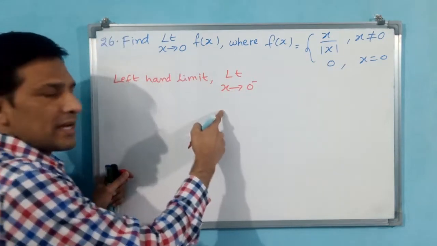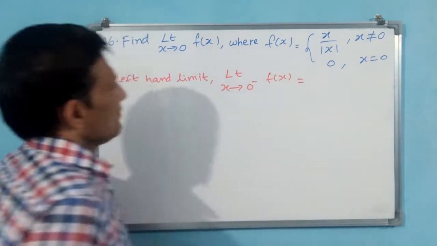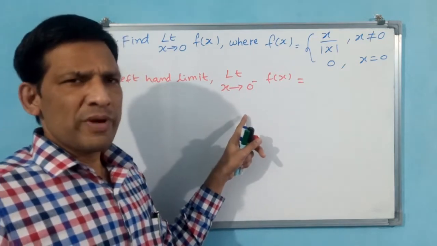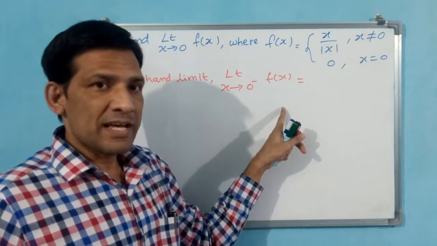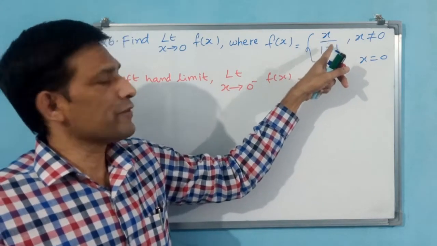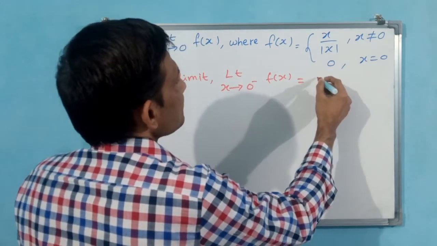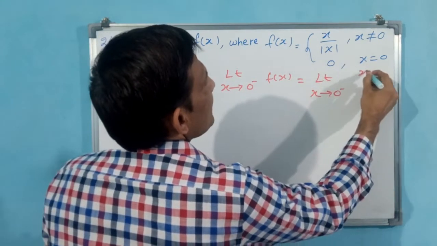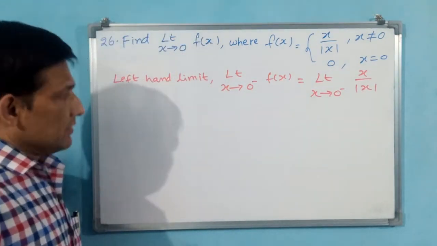When they are asking 0 minus, you have to write this f of x. 0 minus means naturally not equal to 0, that means less than 0, so you have to take this expression only. That is equal to limit x tends to 0 minus x by modulus x you have to take.